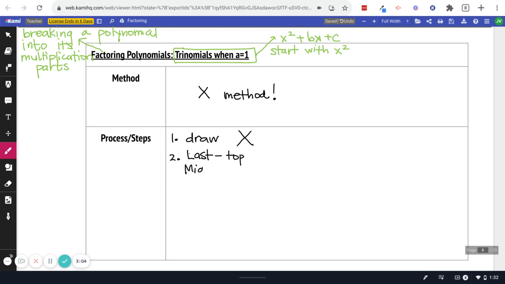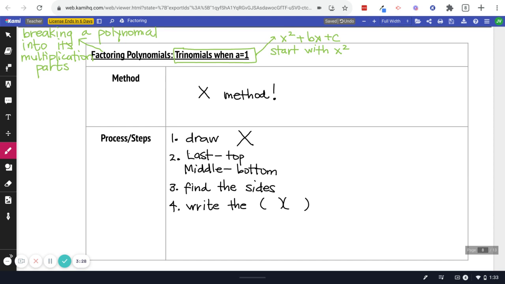The middle goes on the bottom. Our job is to find the sides and then write the parentheses. Okay? So that's kind of our goal here.